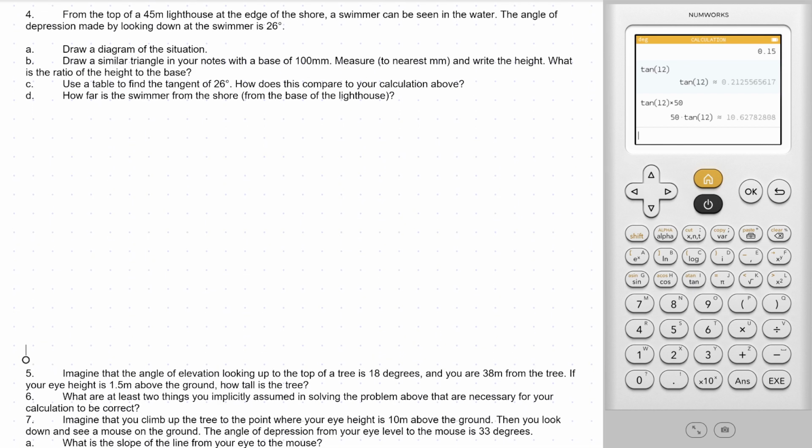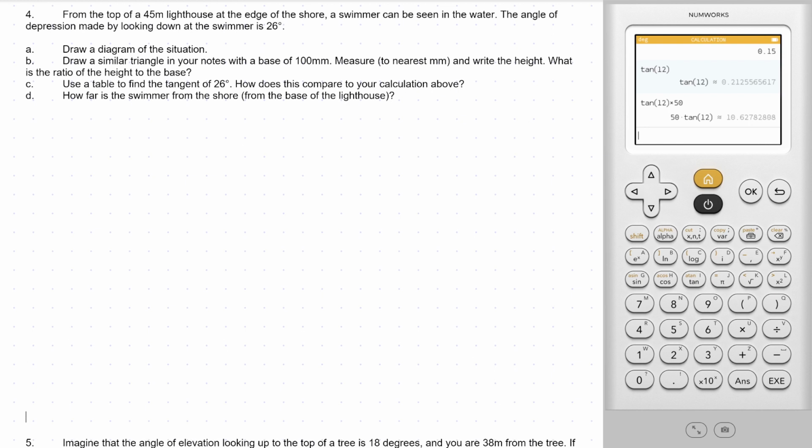For number 4, I have a 45-meter lighthouse, and I have an angle of depression of 26 degrees, and I have a swimmer in the water. The lighthouse is on the edge of the shore. It's not up on a cliff. Sometimes these problems have the lighthouse up on a cliff, but that's not the case here.